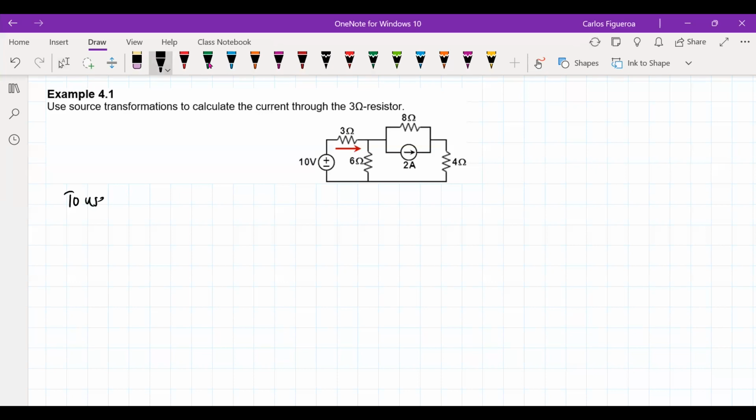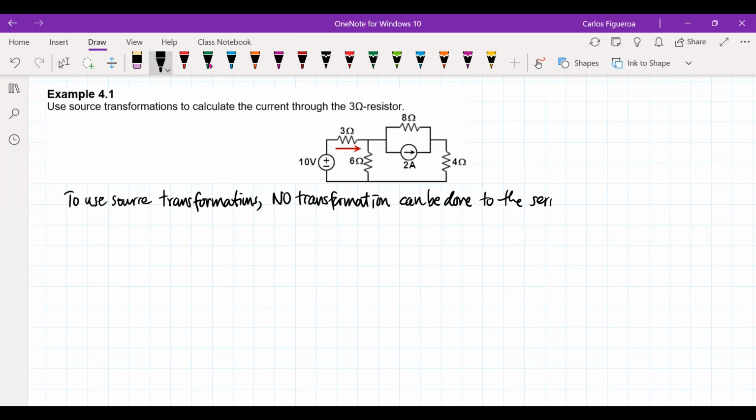To use source transformations, no transformation can be done to the series branch of the 10 volt and 3 ohm resistor.